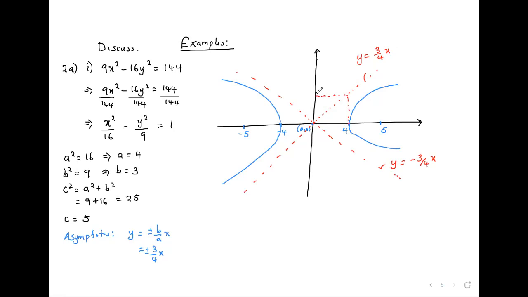Since we know b is 3, this is 3, and down here I have -3. So we have this box that is a rectangle in here, like that. That's how this guy comes in.